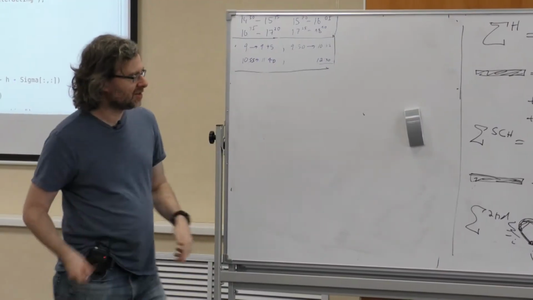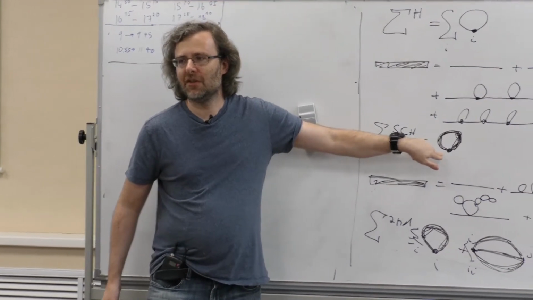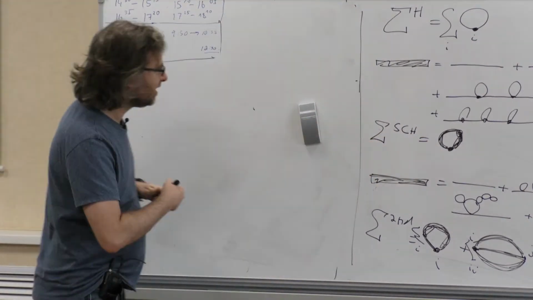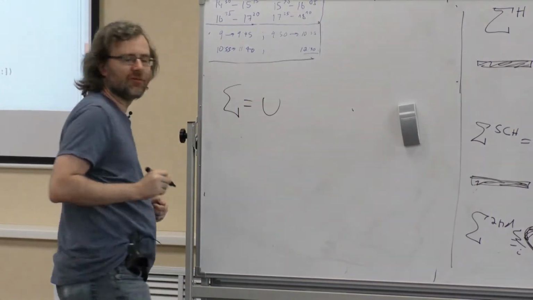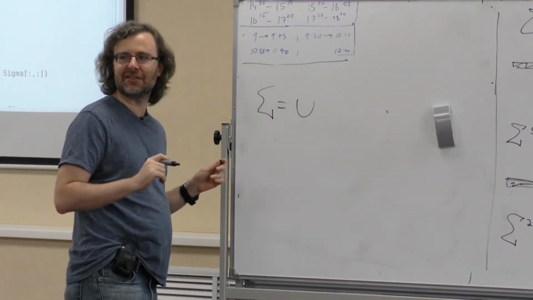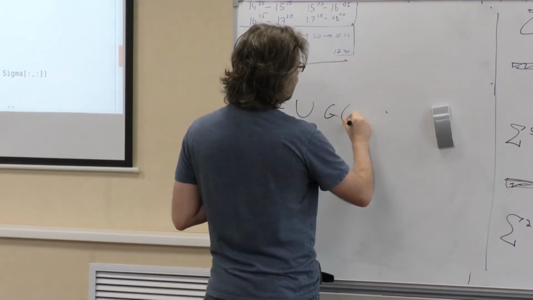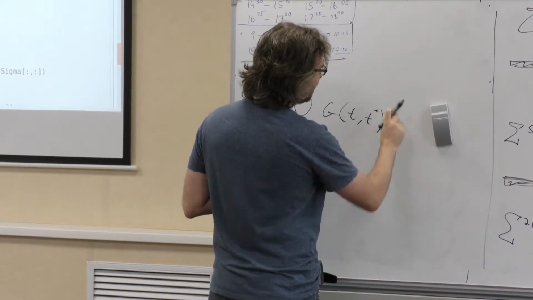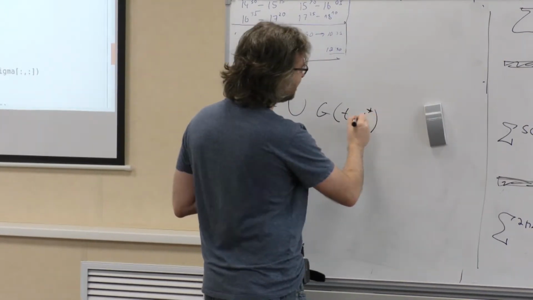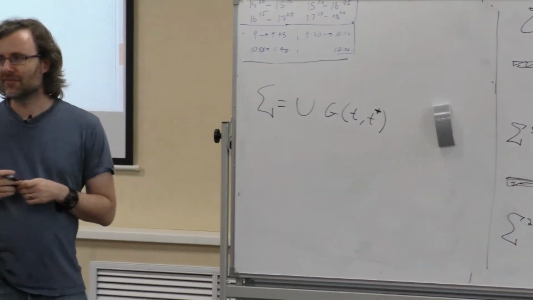So my self-energy should be this Hartree bubble. What this actually is, is U, so it's a vertex. It comes with a U, and then it has a G at two equal times. There is some rule I didn't go into, but you have to take one of them to be infinitesimally bigger than the other.